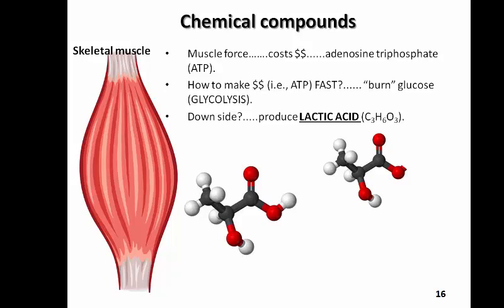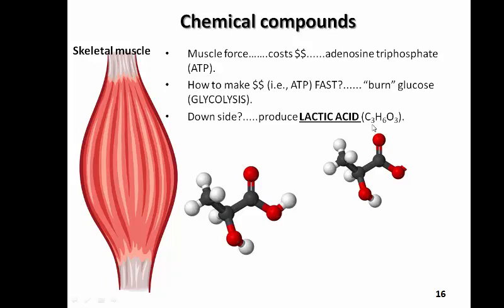Now, when a muscle cell relies on burning glucose at a very high rate, one of the byproducts that is produced is a compound called lactic acid. So lactic acid derives from a glucose molecule that is being metabolized at a very fast rate inside the cell.